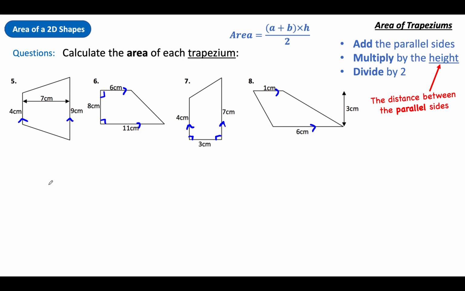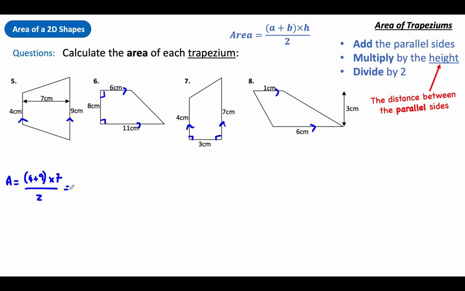Okay, now if you use the 3-step method, you'll still get the same answer, but I'm going to use the formula this time, just for those that are practicing the formula. Well, A and B, they're my two parallel sides, so I add those, 4 and 9, then times it by 7, and then halve it.